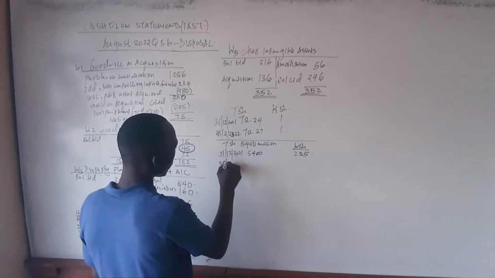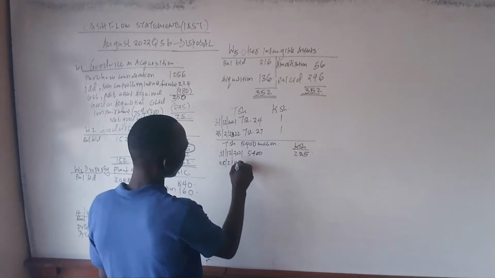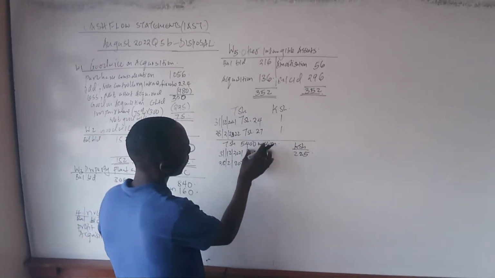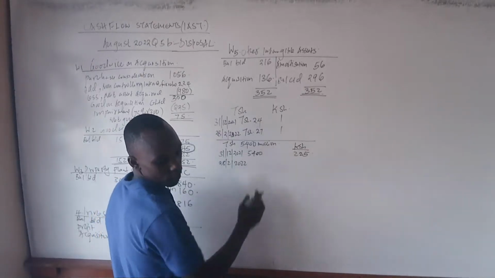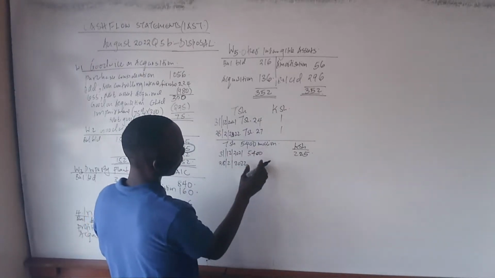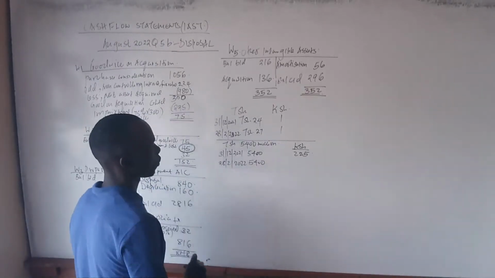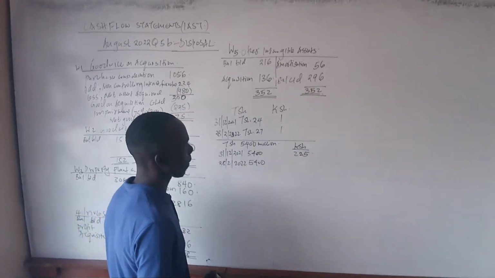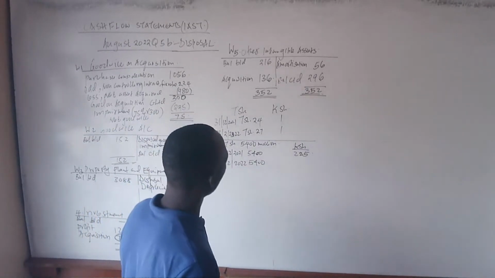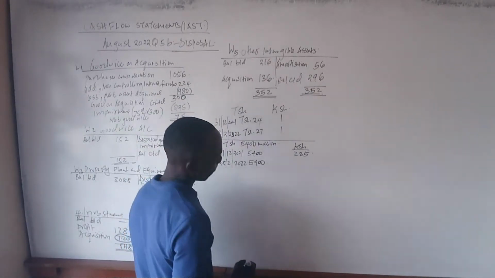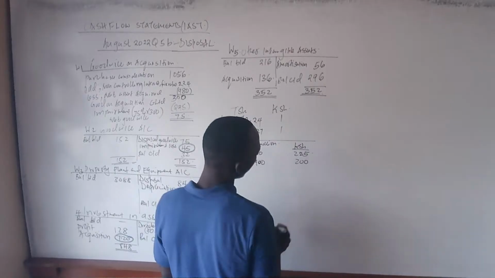Then 28 February 2022, when we paid, you take the same amount, but now you divide by 27. This amount is not changing. Divide by 27, you are getting 200.